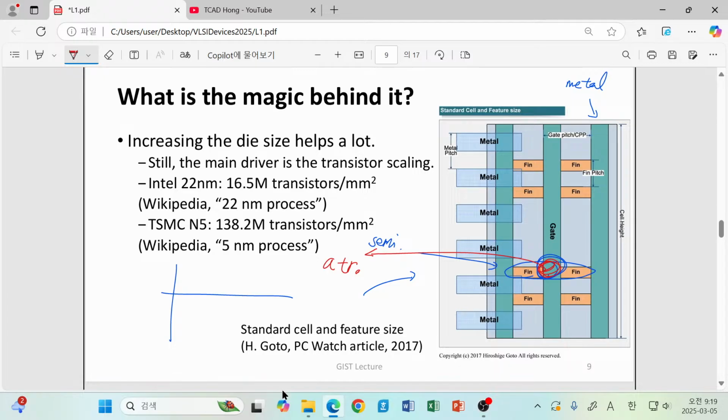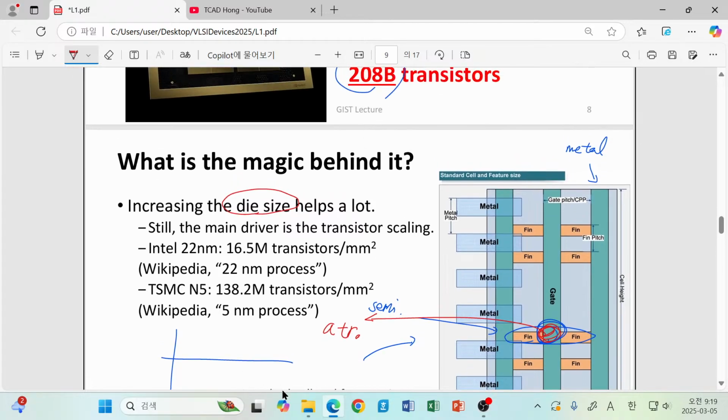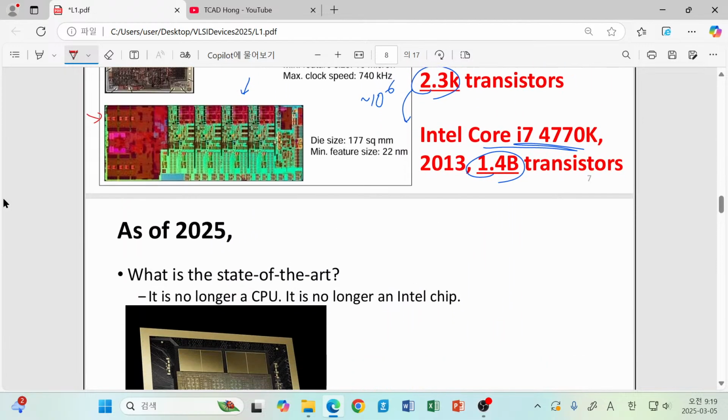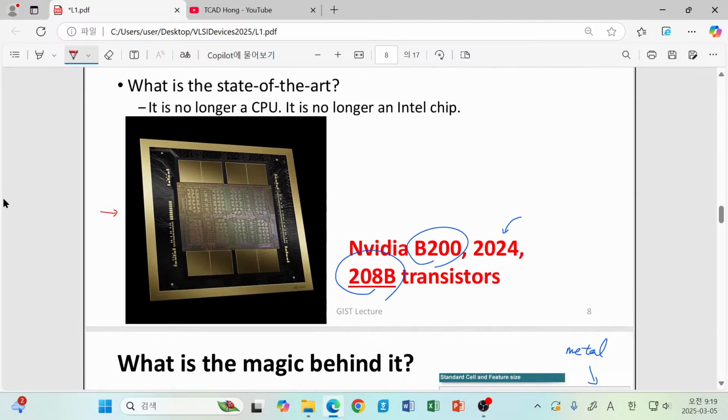How can you do that? We will study this in this lecture. However, the magic is that we have drastically increased the number of transistors. When we compare the die size, meaning the area of silicon consumed by a chip, between this Haswell and Blackwell, there is only a few times difference in chip size.